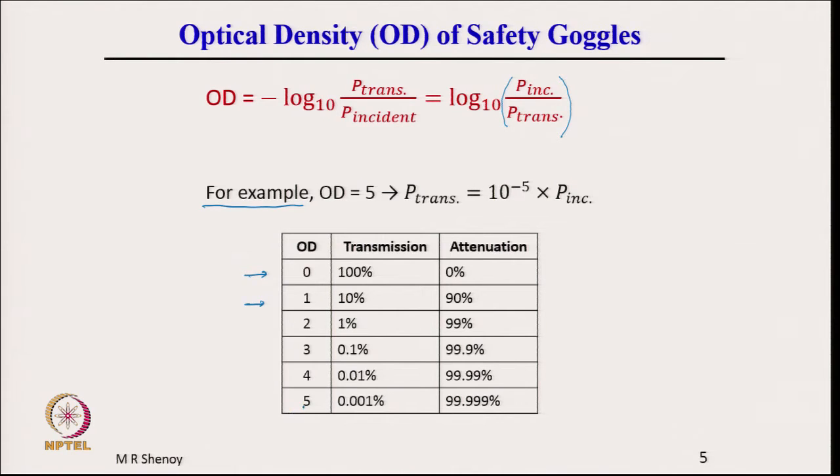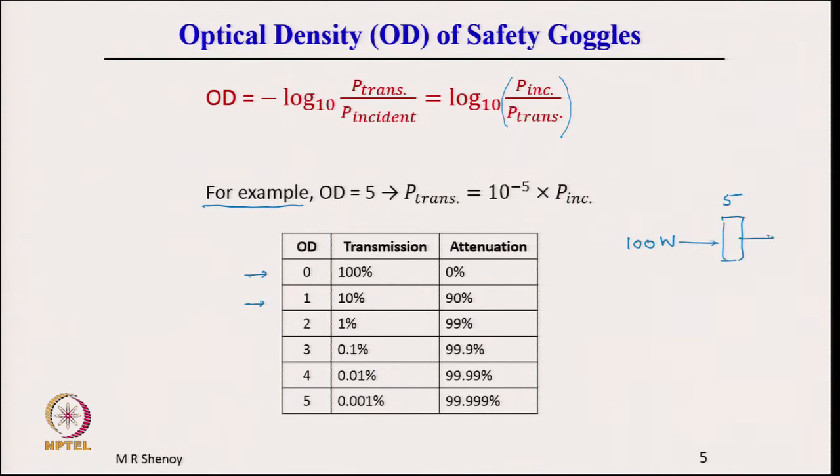And when OD is equal to 5, the transmitted power is 0.001%. So, let us say there is a 100 watt laser operating, and by chance the laser beam is incident on the goggles, which say the OD is 5.